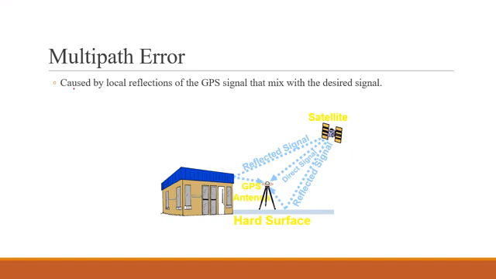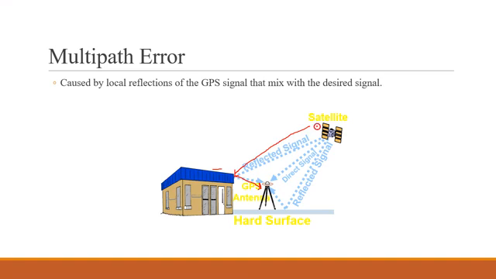This next error is due to multipath. Multipath error is caused by local reflection of the GPS signal that mixes with the desired signal. For example, this is a satellite and the signals bounce off this object, this house. After bouncing, they are reflected towards the GPS, so the distance covered is changed.